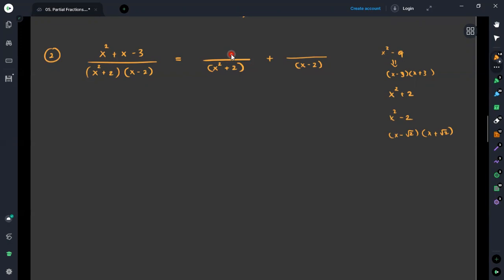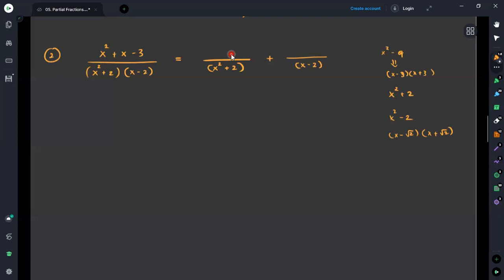Then we need to determine the term in the numerator. Since we have a linear factor, we simply used a constant term over it, because the degree is 1 less than the degree of the denominator.